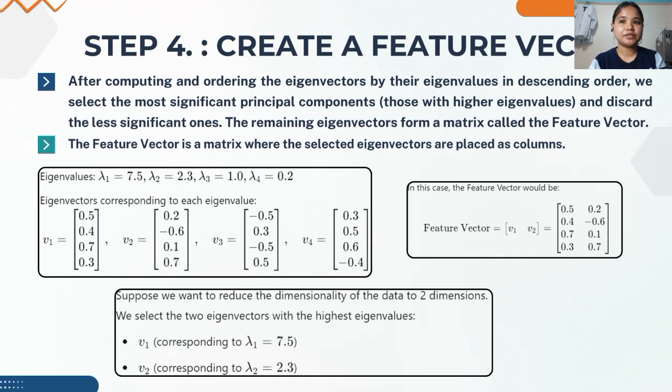So the fourth step is to create a feature vector. The feature vector represents the selected principal components and serves as the foundation for dimensionality reduction. So, after we determine the eigenvalues and the eigenvectors, we select a feature vector based on the principal components that we solved in step 3. By choosing to keep only a subset of eigenvectors, we reduce the dataset to fewer dimensions, thus achieving dimensionality reduction.